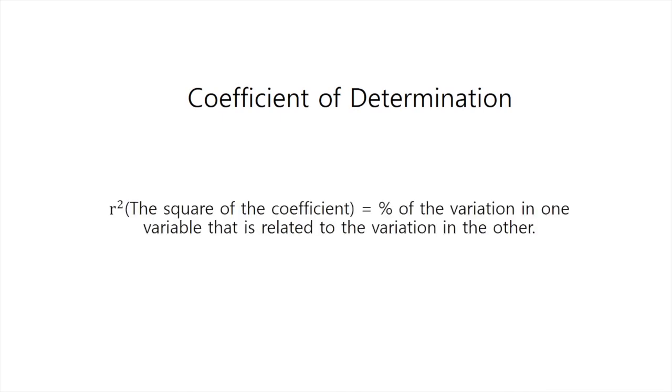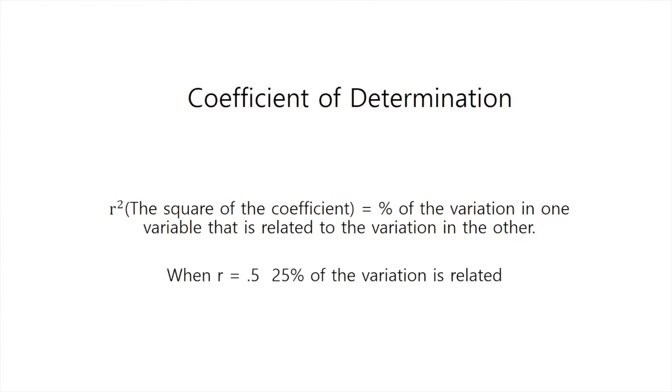The coefficient of determination is simply the correlation coefficient squared. R squared is the percentage of the variation in one variable that is related to the variation in the other.